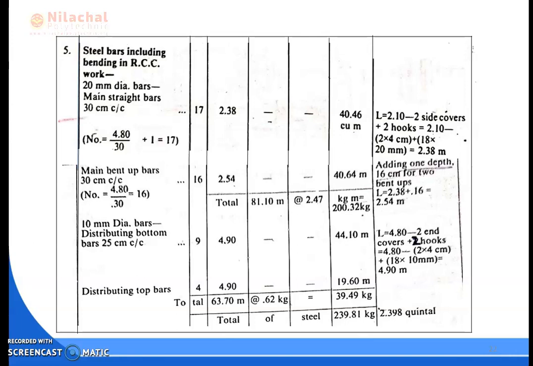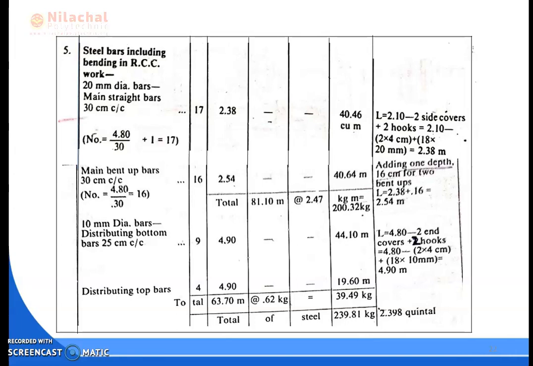So the number of main straight bars is one more than the bent up bars. Okay, clear?